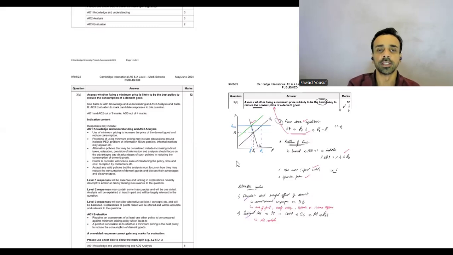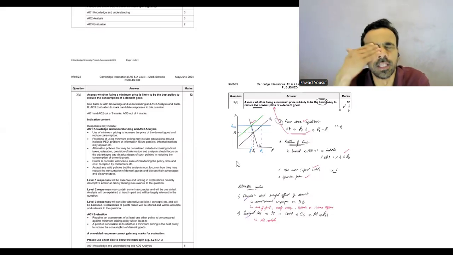So whatever you're writing needs to make sure that its discussion is about how the policy is having an effect on the consumption of the demerit specifically. Can't be too general, कि you say कि inflation होने की वजह से जो है, it might not make much of a difference.